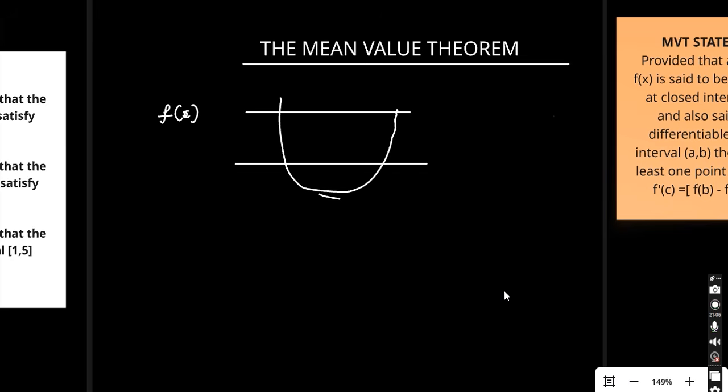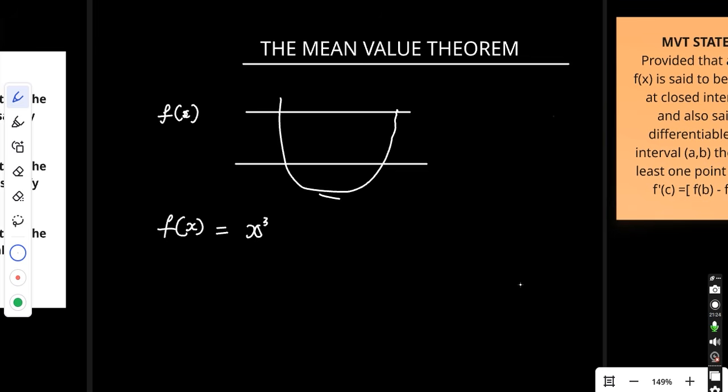So for question number 2, we're asked to find all possible values of c provided the function f of x is equal to x cubed minus 3x plus 2 at the interval of -2, 2.